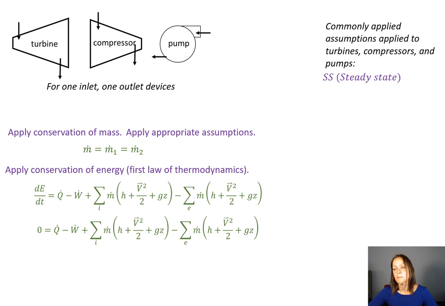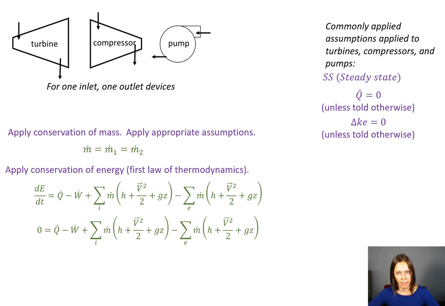Now I'm going to look at some of the commonly applied assumptions for turbines, compressors, and pumps. This is for all three of those. Number one, typically these devices are going to be insulated. And so if you're not provided a heat transfer rate for the problem, you could go ahead and assume that Q dot is approximately 0. It won't be, but you typically insulate these to minimize any heat transfer.